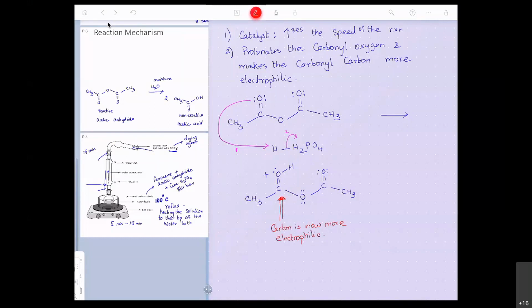So that's going to pull the electrons towards it, right? So I would say it withdraws the electron density in that direction. And now that makes the carbon more electrophilic, more fond of electrons. Reaction will occur faster.